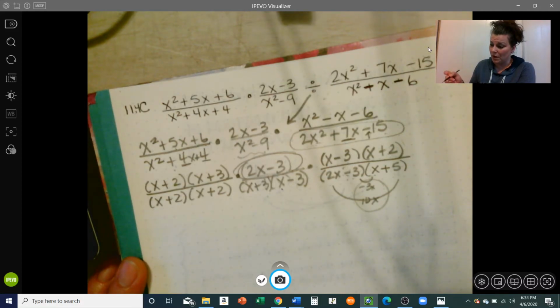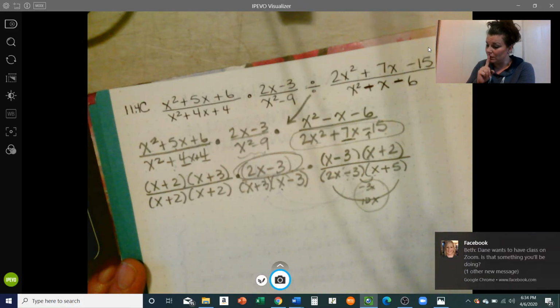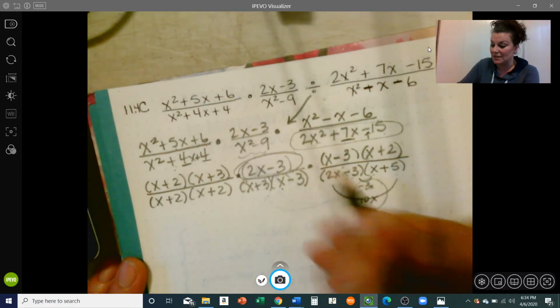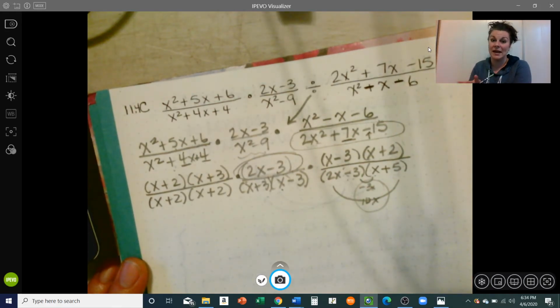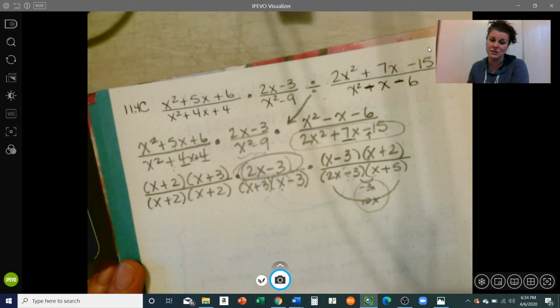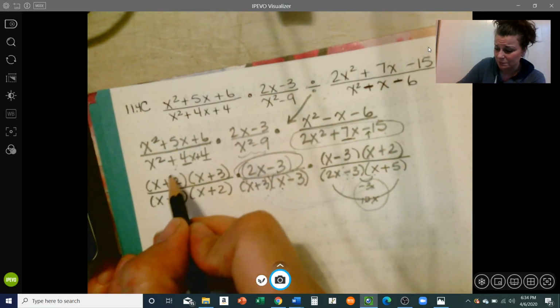In this problem, I think we can get away not worrying about that too much because we're going to be canceling them out. And remember, if you cancel it out and that term isn't in the denominator anymore, then you'll have to use it to find an excluded value. So let's look and see what happens here.